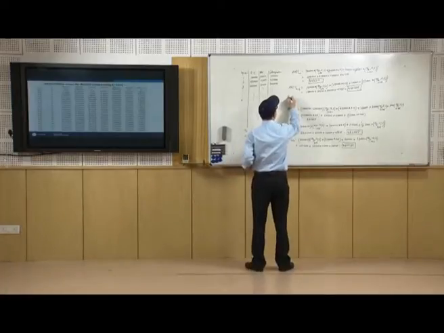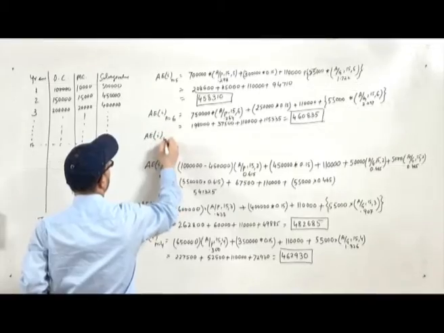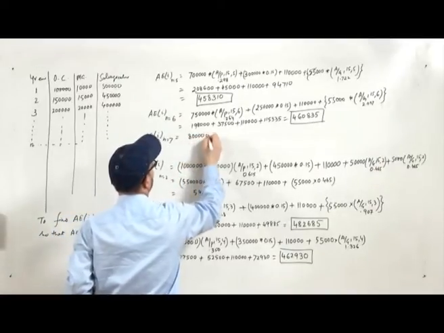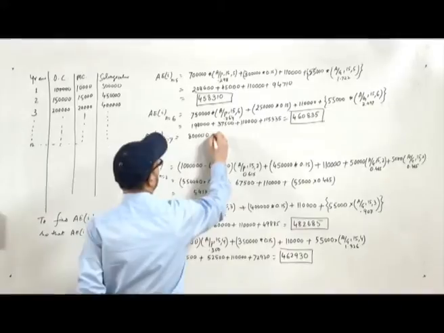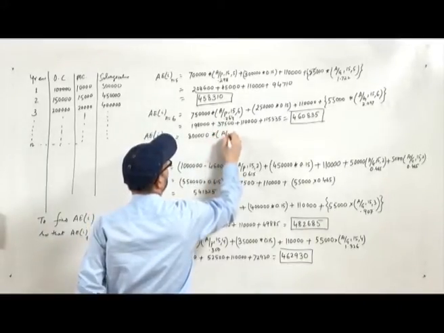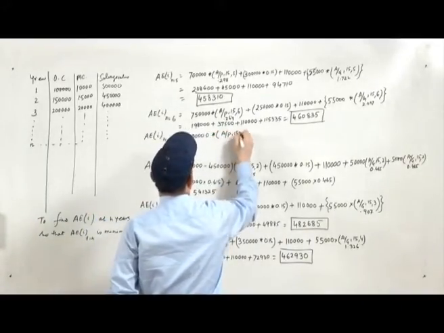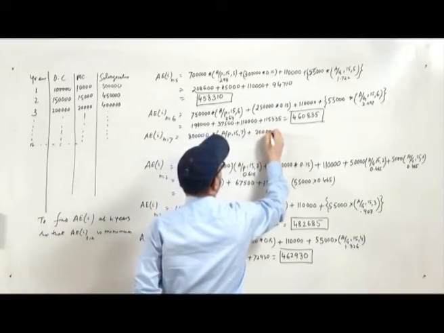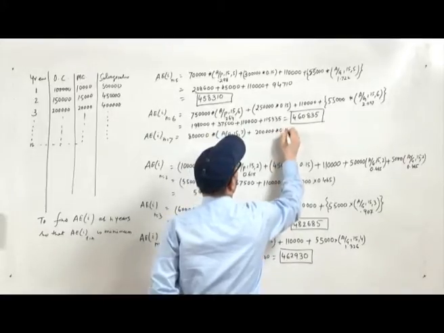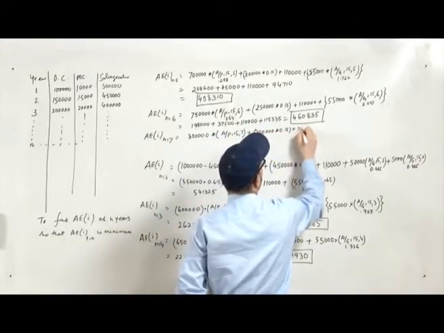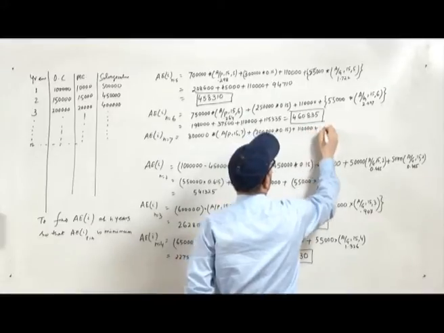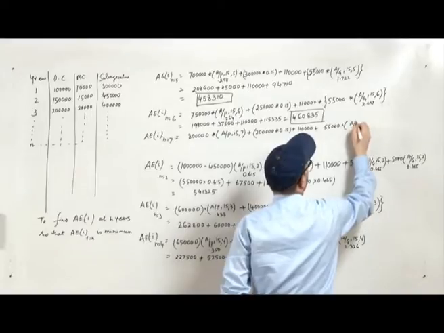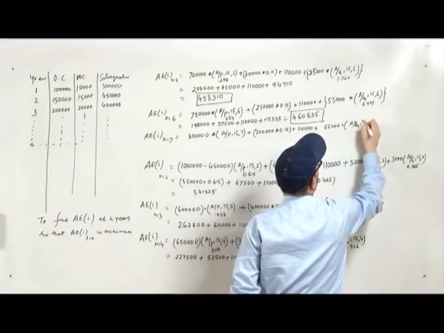So, for 7 years it will be 8 lakh multiplied by A by P 15.7, plus 2 lakh multiplied by 0.15, plus 1 lakh 10,000, plus 55,000 multiplied by A by G 15.7.